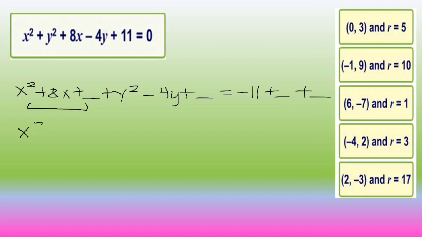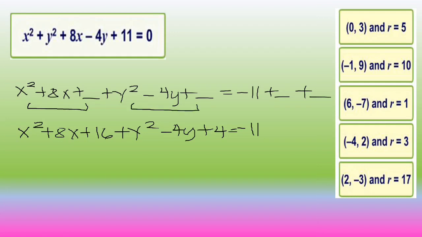So x squared plus, we have 8 divided by 2, that is equal to 4. 4 squared, that is equal to 16. Then, followed by y squared minus 4y divided by 2, that is equal to negative 2 squared, that is equal to 4. So you're just going to add it also on the other side of the equation. So that's negative 11 plus 16 plus 4.